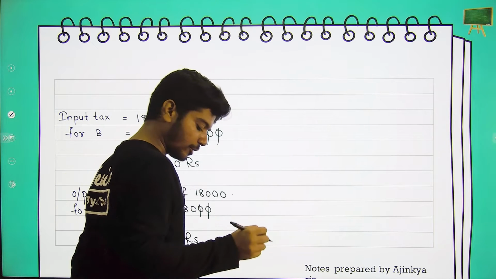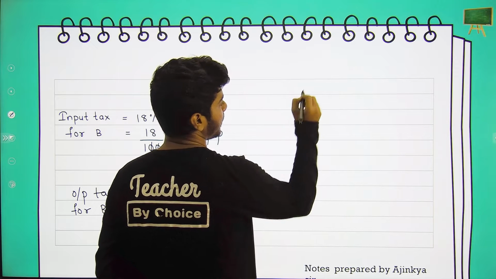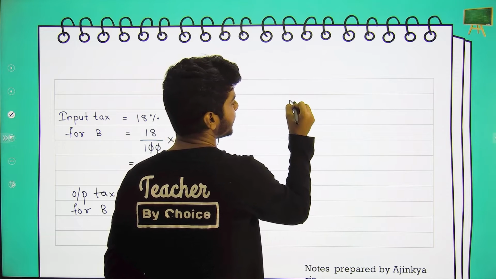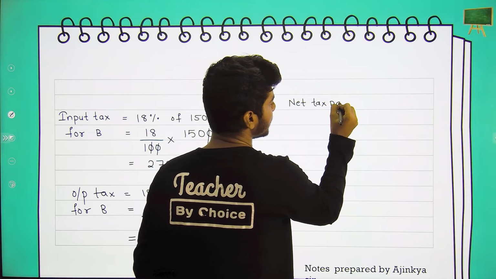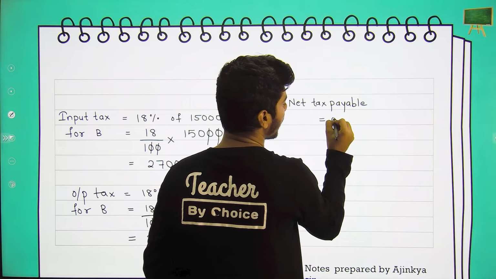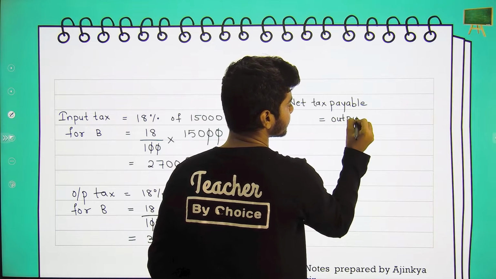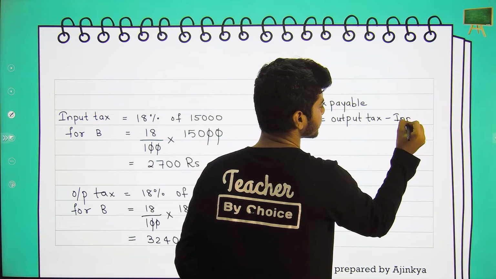So let's write it over here. Net tax payable will be equal to output tax minus input tax.